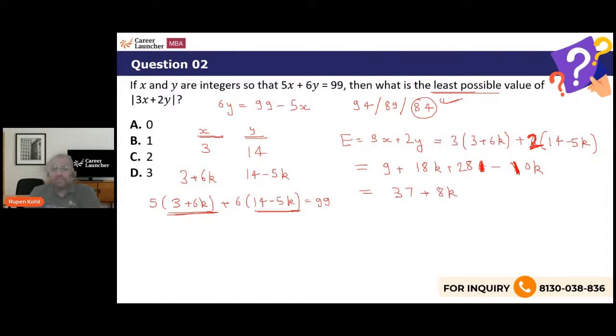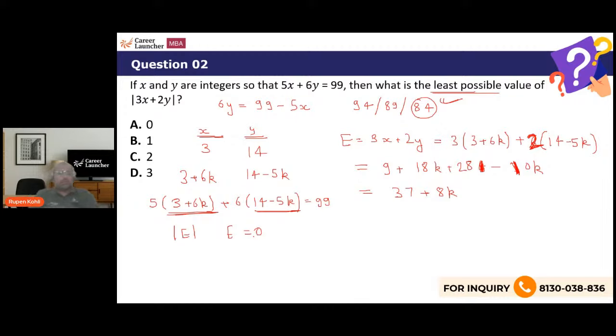So I'm trying to minimize the magnitude of this, right? My objective function is the magnitude of 37 plus 8k. Now we know that the value of the modulus function is never negative. It is at the minimum 0, right? So for mod e to be minimized, I would want e to become equal to 0.